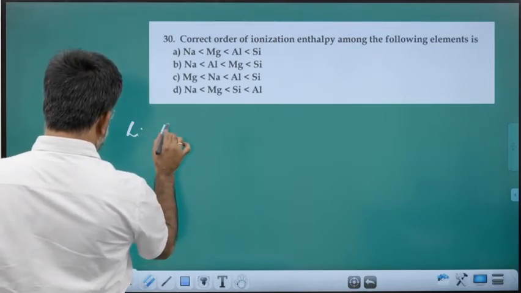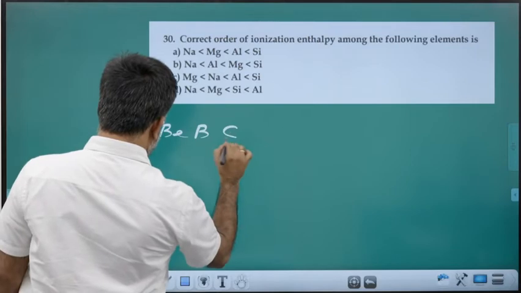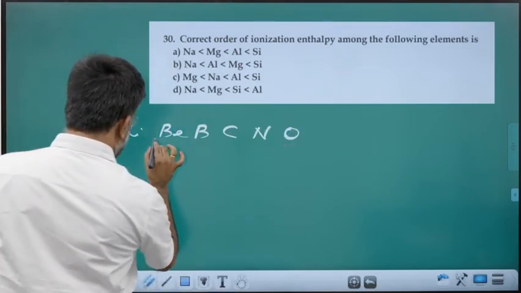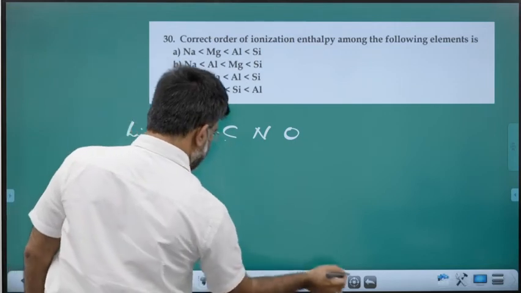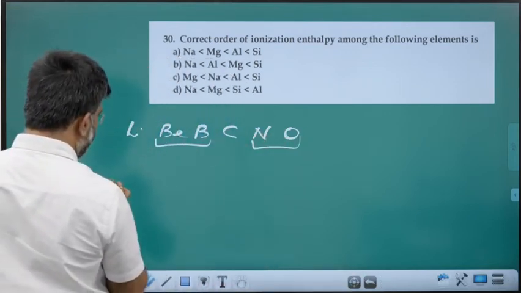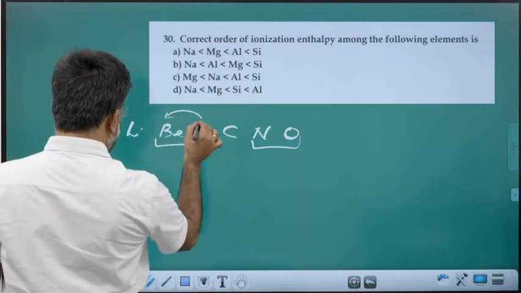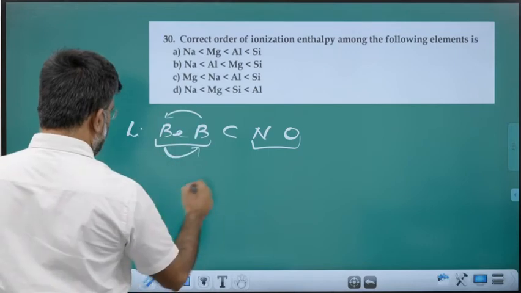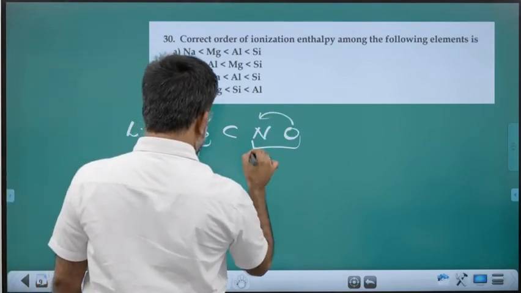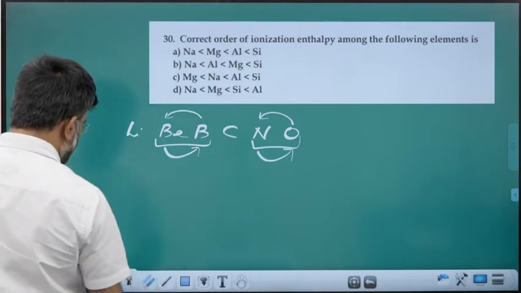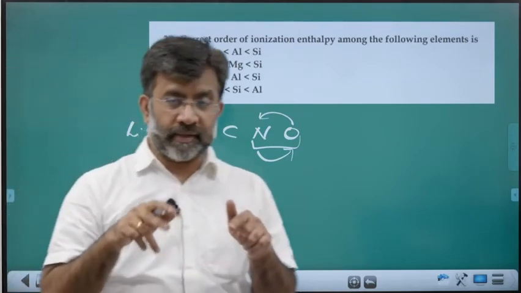Among lithium, beryllium, boron, carbon, nitrogen, oxygen, going like that, we found two abnormal cases. One is here and one is here. Boron comes before beryllium in this order, and also oxygen is less than nitrogen. We have seen the order and the reason also.